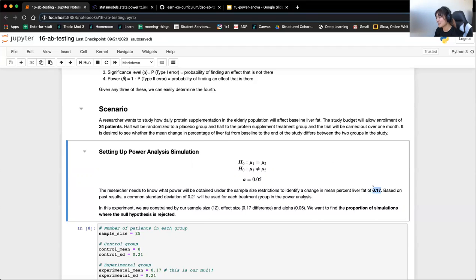Since this was from the curriculum, I'm pretty sure that 0.17 is an absolute difference. And for effect size, Cohen's d is measured by absolute difference divided by standard deviation. So it is a pretty sizable effect size. I think dividing that will give you about a 0.85 effect size.